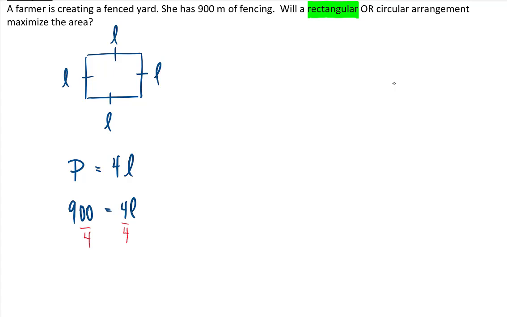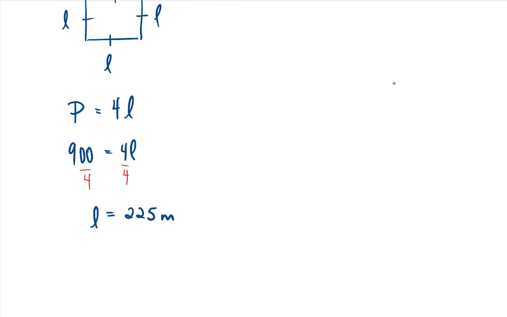Taking both sides of this equation and dividing by 4, each side length will be 225 meters. So the dimensions of this square are 225 meters by 225 meters.